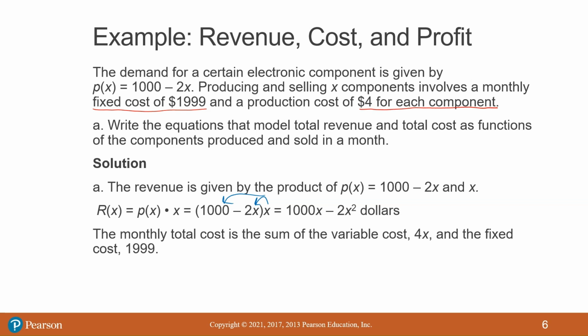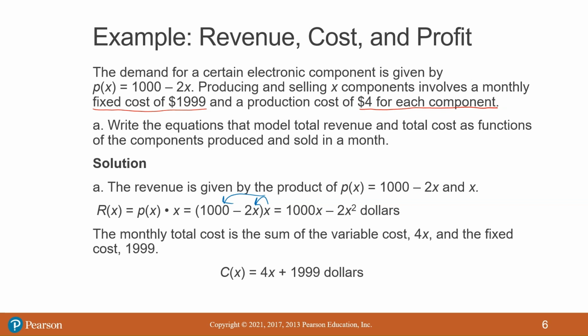We might not make the same amount of components each month, so that cost could vary. We might make 100 units one month, we might make 2,000 units the next month. Who knows, right? So our 1,999 is our fixed cost. We add that to our variable cost, which is 4x, $4 for each component x. And that gives us c of x equals 4x plus $1,999.